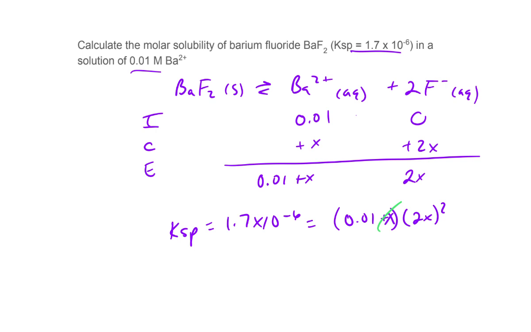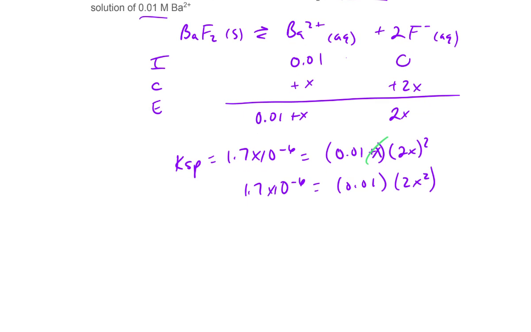So now we have 1.7 times 10 to the minus 6 equals 0.01 times (2x) squared. Divide both sides by 0.01, and we're going to have 1.7 times 10 to the minus 4 equals 4x squared. Oh, sorry, I put the squared in the wrong spot.